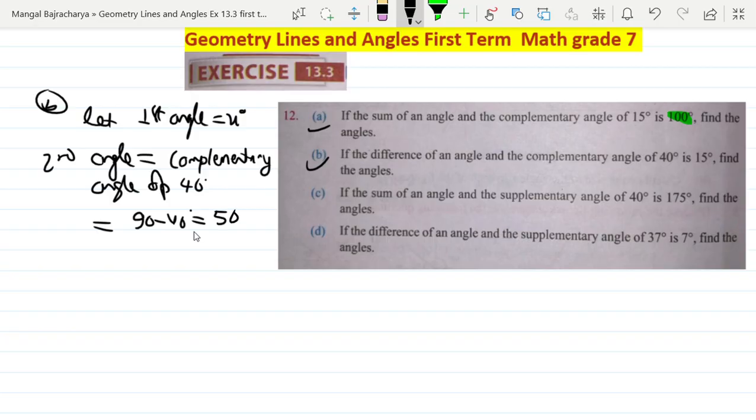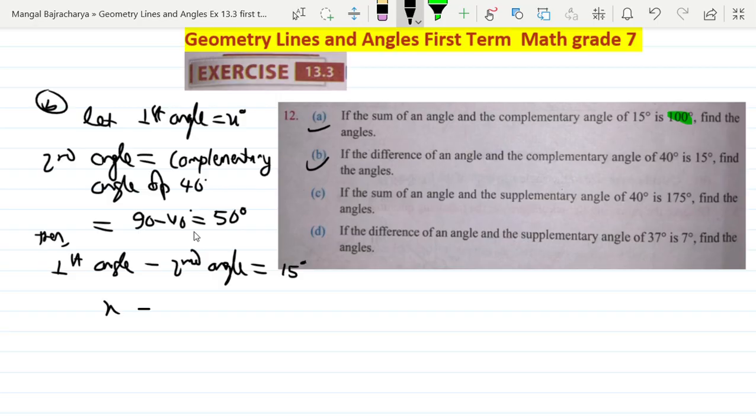And that will give you 50 degrees, is it? And now their difference is said to be 15 degrees, is it? So here it's then, as per the question, first angle minus second angle equals here 15 degrees, is it?